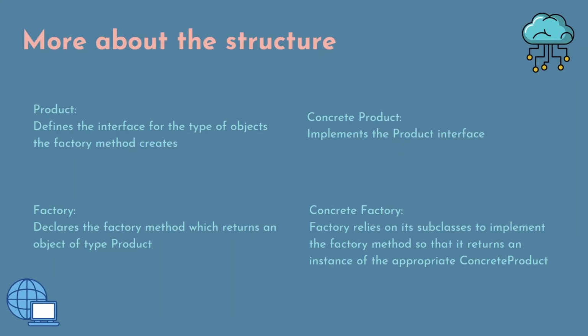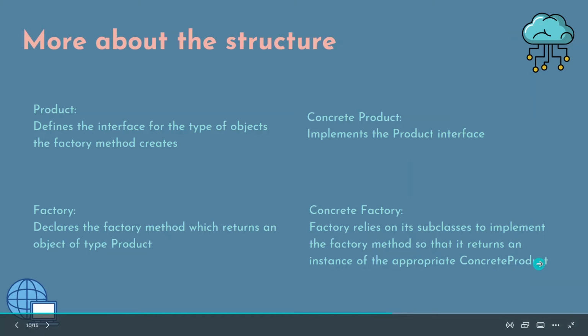And we have more about the structure. The product defines the interface for the type of objects the factory method creates. We have the concrete product that implements the product interface. The creator declares the factory method, which returns an object of type product. And the concrete creator relies on its subclasses to implement the factory method so that it returns an instance of the appropriate concrete product.